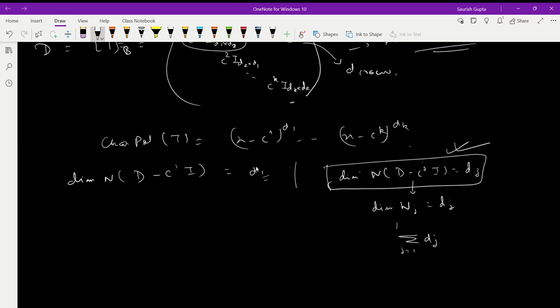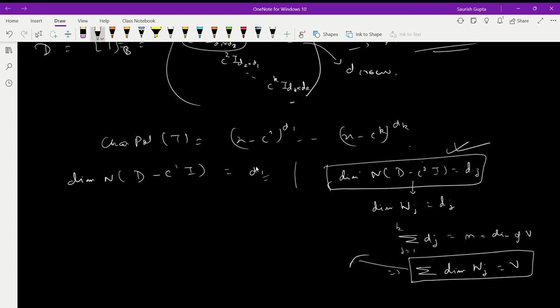So the dimension of Wj is small dj, and since we previously saw that the summation of dj, j equal to 1 to k, comes out to be n, the dimension of V, then we can say that the summation of the dimensions of each of these eigenspaces equals the dimension of V. And that's the fact about a diagonalizable linear operator.